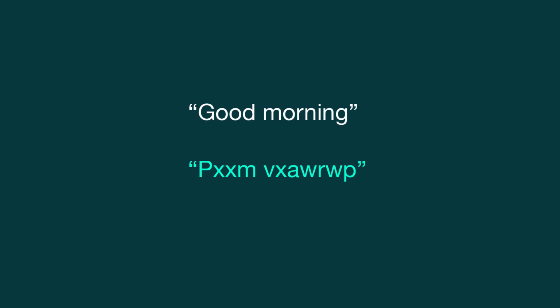So, if you were to shift the letter H by 9 spaces, it would become Q. The letter P would become Y. This means that the message "good morning" becomes PXXM VXA WRWP when you shift each letter 9 spaces to the right. So, the key in a Caesar cipher is the secret value that only you and your recipient know, which tells you how many letters to shift.